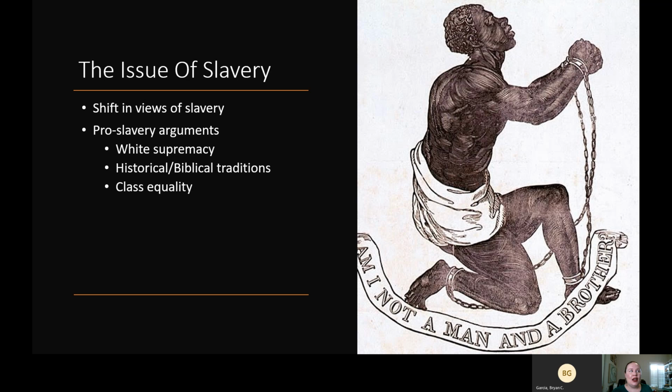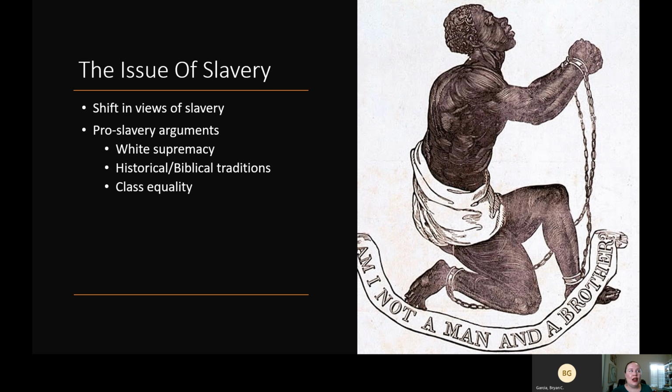There's also this argument that the existence of slavery ensures class equality among white people in the South. In other words, Southerners are looking to the North, where industrialization is creating this very large, poor working class, and then a very small elite of capitalists or industrialists.